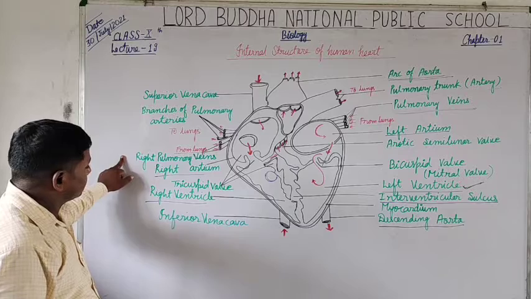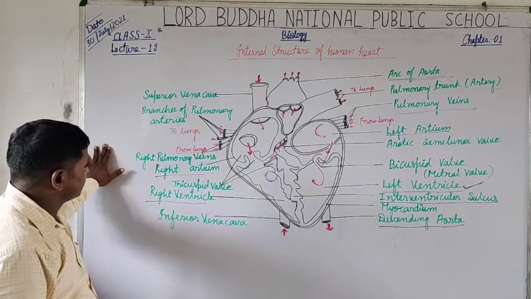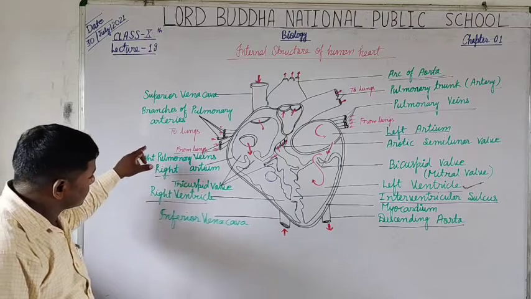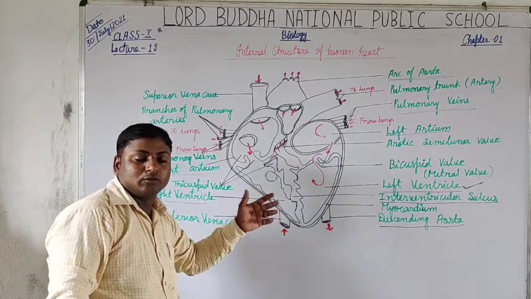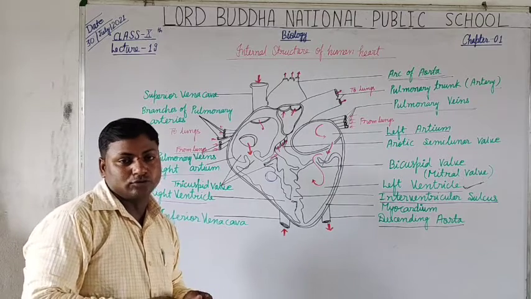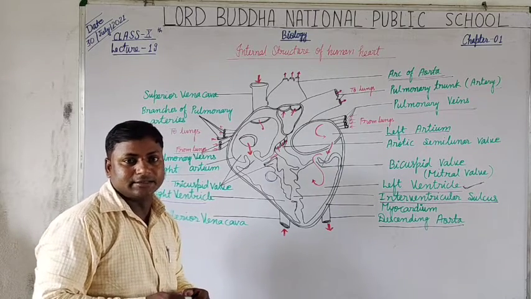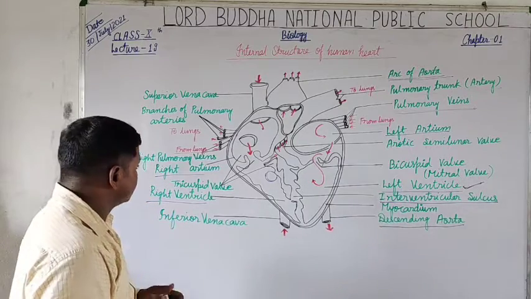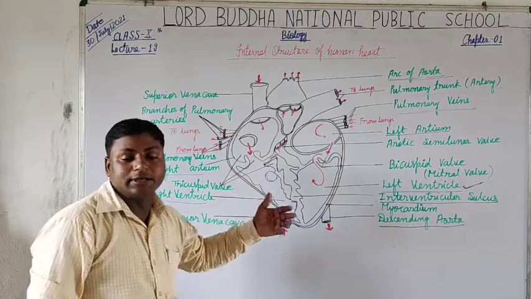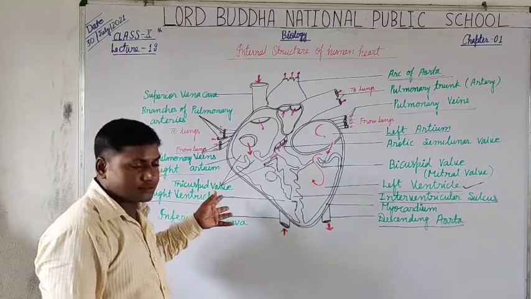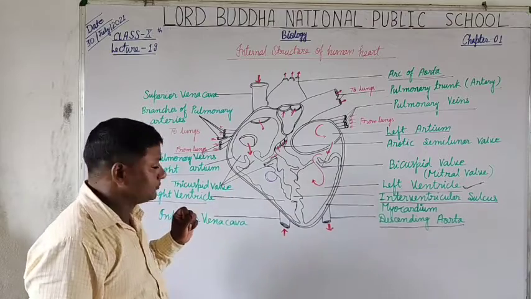And these are the right pulmonary veins. They send the oxygenated blood to the lungs, because lungs also have tissues, cells, and structures, and they also need oxygen as well as other nutrients to perform their function well.